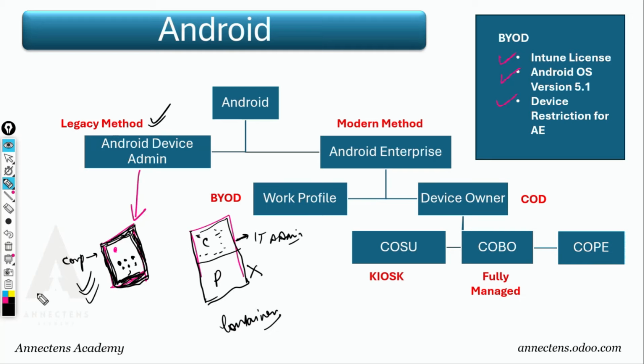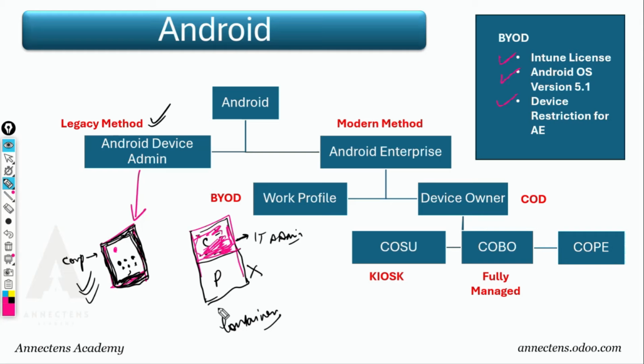They are only going to talk to this device over the corporate profile. They are not going to touch your personal profile, and there will be no data leakage between the two containers, because they are separate containers.